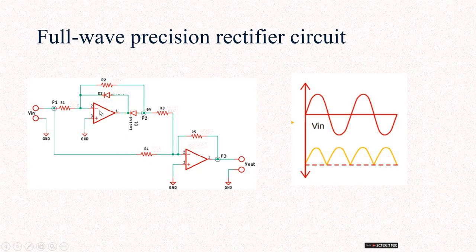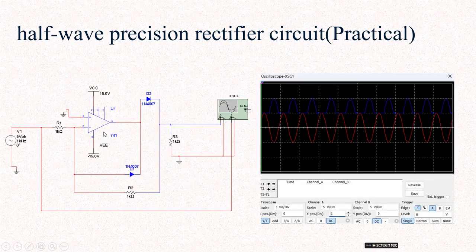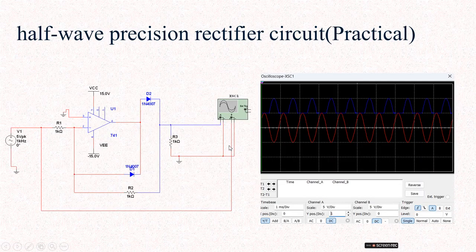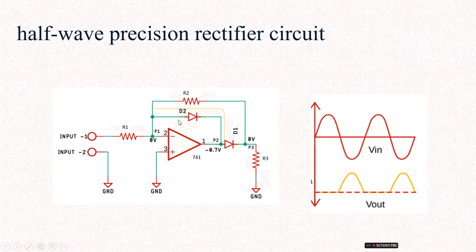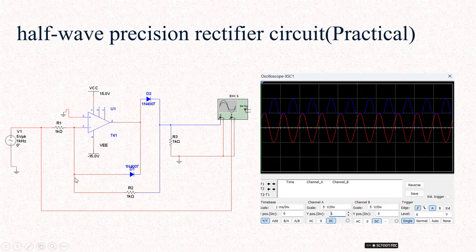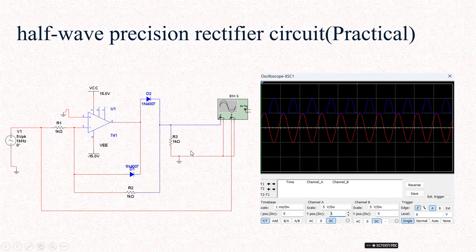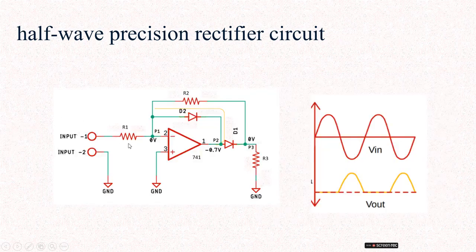This is diode D2 and D1, as in the previous figure, but the names are different in the practical component. D1, the feedback resistor, the load resistance R3, and R1.